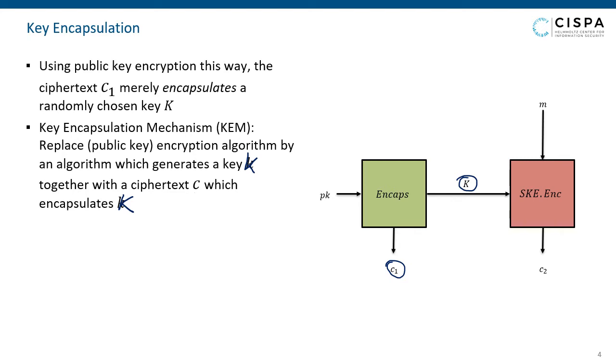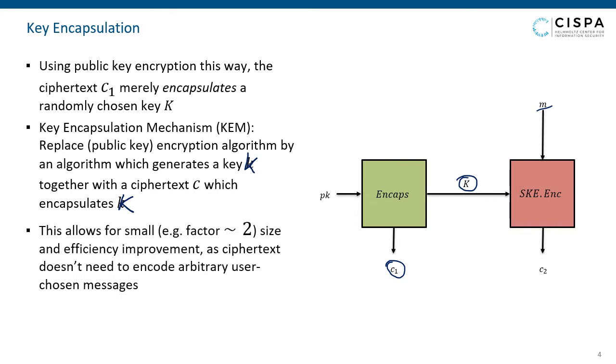That is, we can use the key K to encrypt the payload message M. And typically, this allows for a small, say, factor of 2 size and efficiency improvement, as I said earlier. The ciphertext doesn't need to encode arbitrary user-chosen messages, but somehow just has to encode or encrypt a random or a random-looking key K.